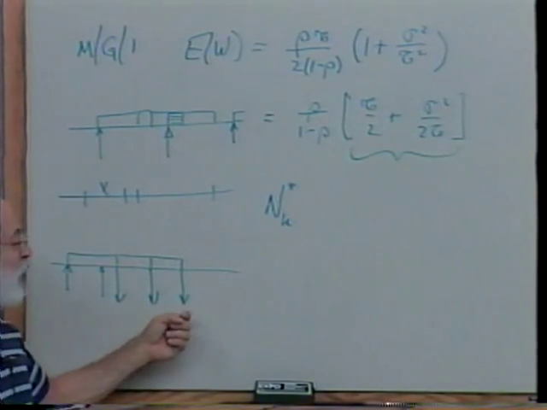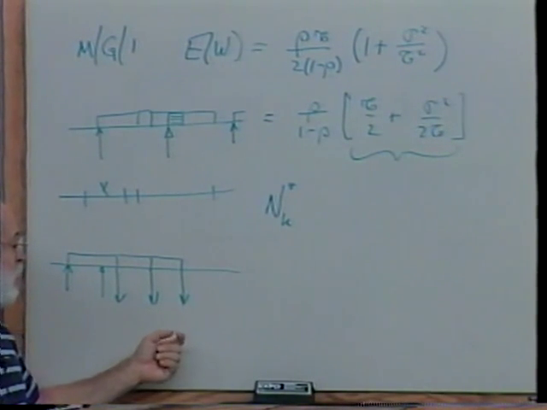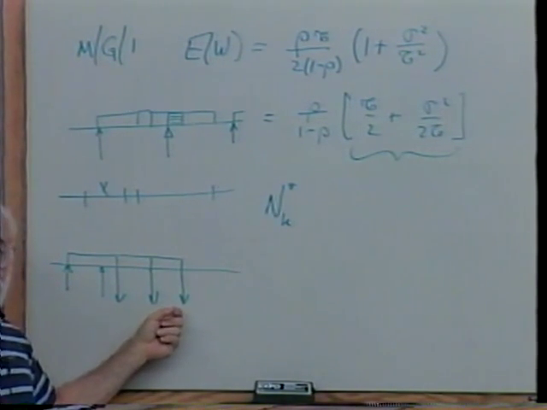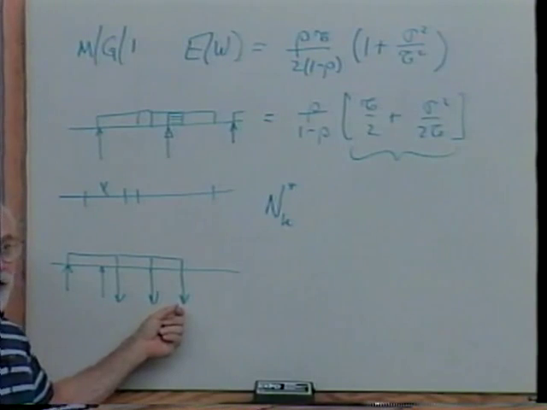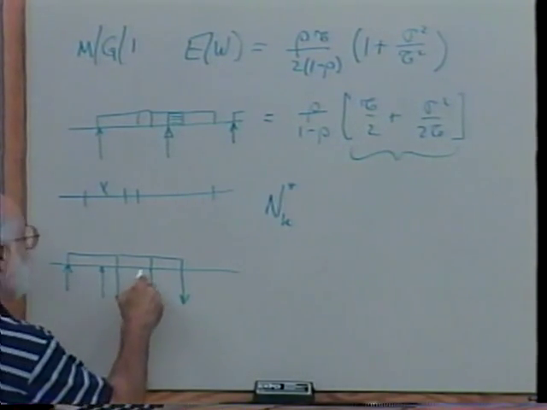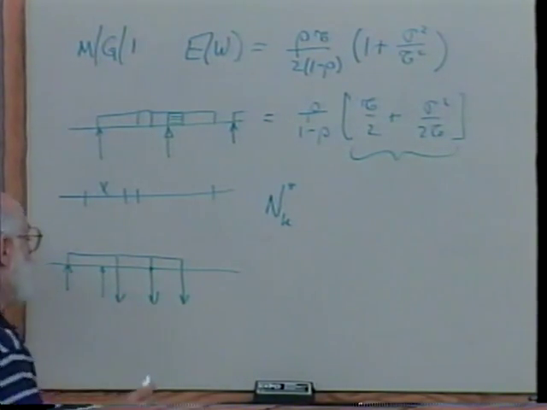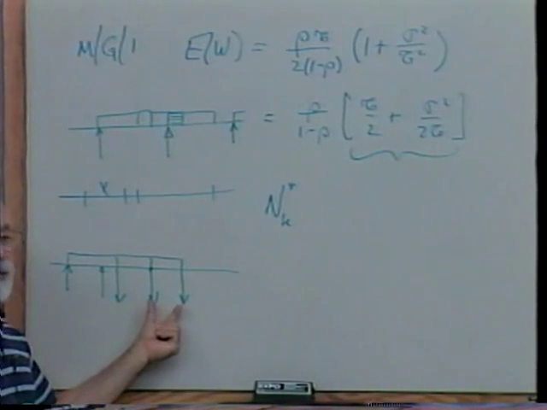Now, when a customer departs, there are only two possibilities. Either he leaves the system empty, or he doesn't. If he doesn't leave the system empty, like right here, for example, then what you know is that a new service time will begin, and that service time will begin at the beginning.